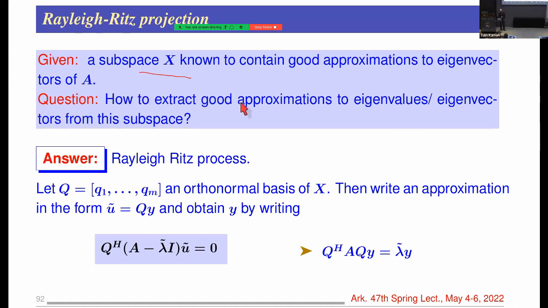Then the question is, how do you extract eigenvectors from it? And the answer is just Rayleigh-Ritz, which is nothing but a projection method with K equals L equals the span of Q. That's all. So you come up with a problem like this. The Rayleigh-Ritz process consists of solving this eigenvalue problem here, where Q is the basis of that subspace X that you have here. That comes directly from imposing these conditions.